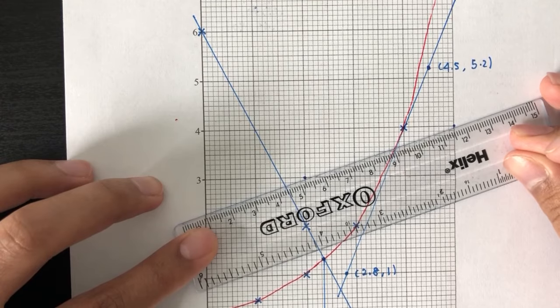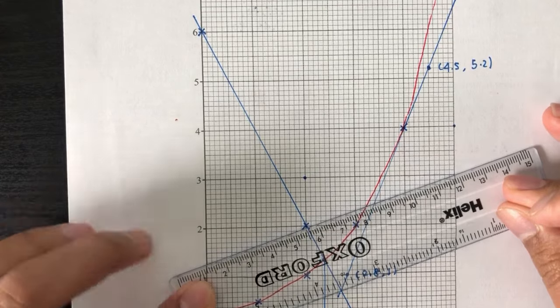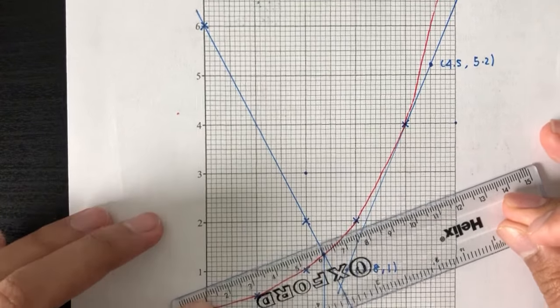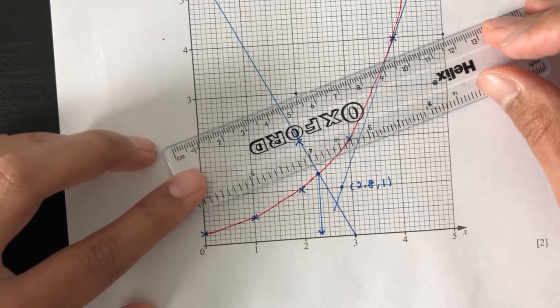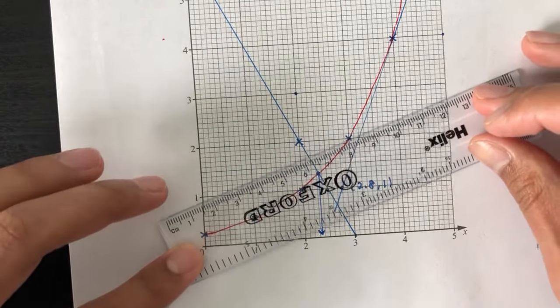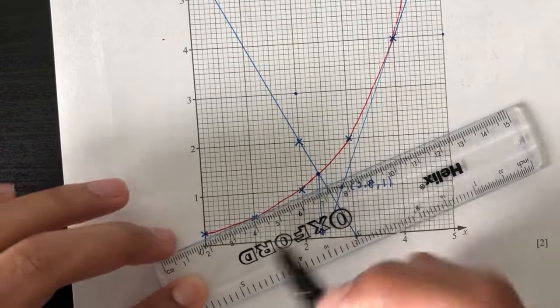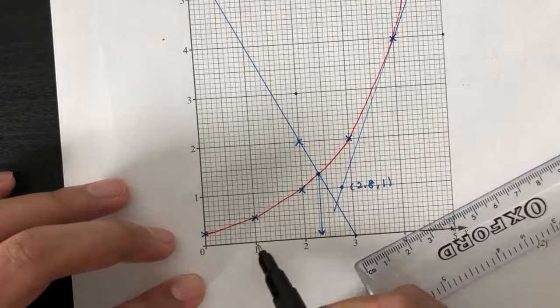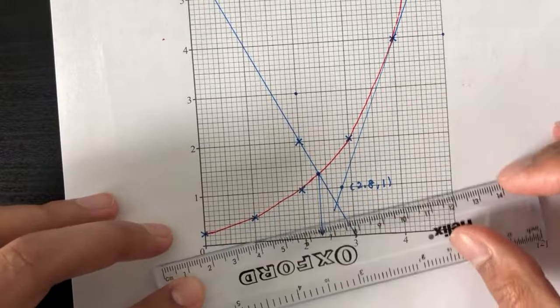It will touch the curve at, if you move, so this is intersecting. So you have to really move your ruler to see where it can touch the curve. So we have to translate that, and then you will see it will touch the curve about this point, which is x equal to 1. So let's draw this line. About 1, 3.